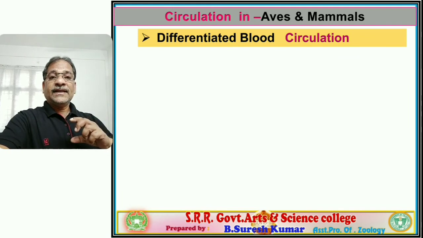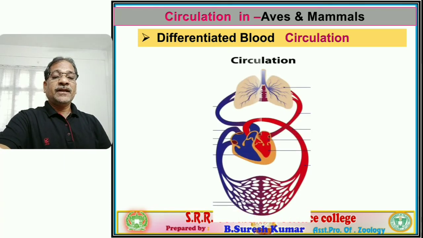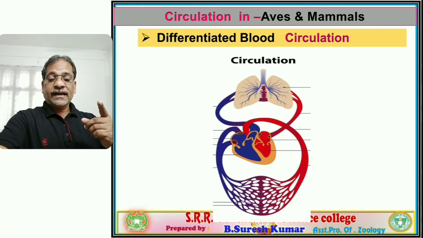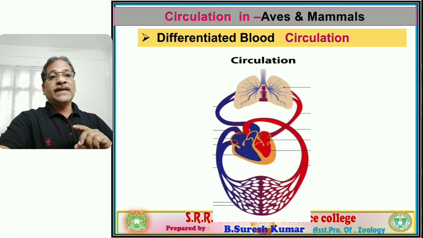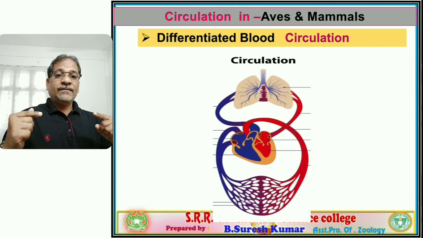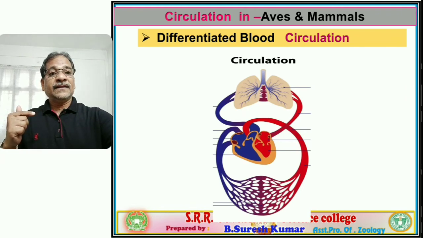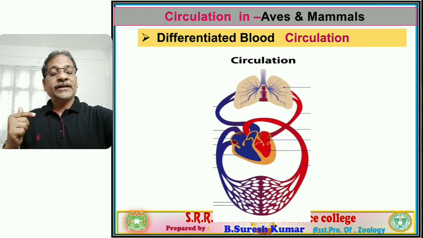The oxygenated blood is pumped into one track. You observe this visual. The oxygenated blood is pumped into one track and deoxygenated blood is pumped into another track. Let us see this visual representation.